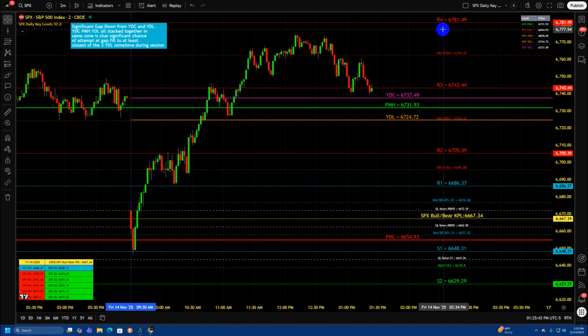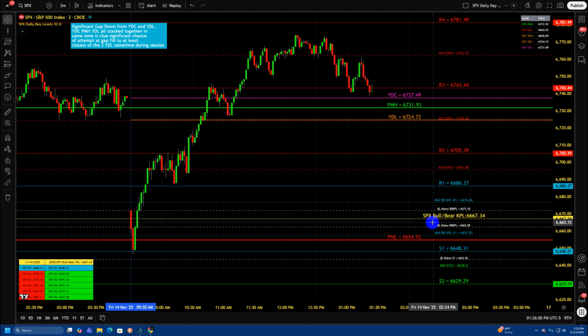Now the reason we don't have all 6 levels above and all 6 levels below showing on this chart is because it's better to drill down at the beginning of the session to see a more granular view of the levels, and also because during the first part of the session, the bull bear key price level is going to be the most important level that we're going to look at, and generally speaking, it would be that level up to R2 or R3 and then down to S2 or S3.